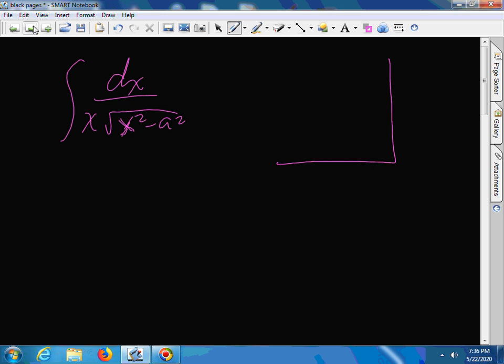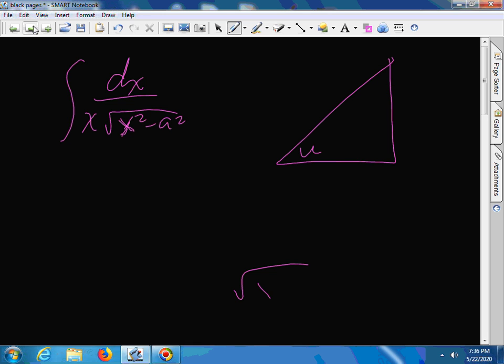Let us prove the third integral. This time we have dx over x times the square root of x squared minus a squared. Oh, x squared minus a squared. Maybe trig substitution. If I come here, I put u.